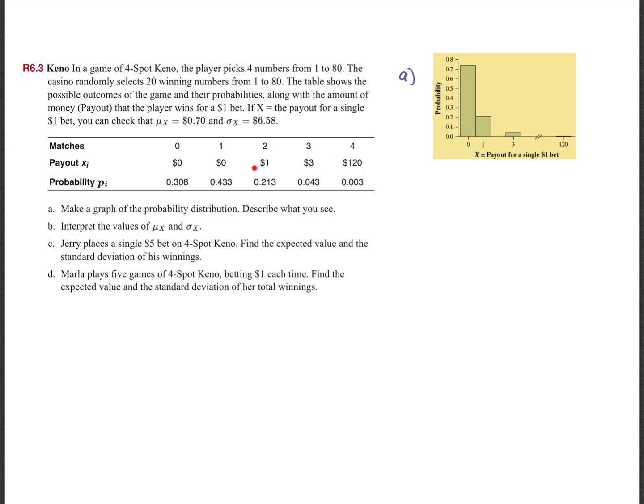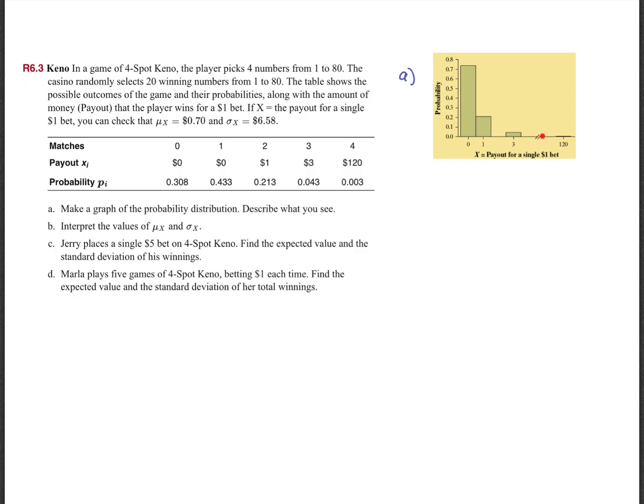Okay, and then the rest of the payouts just had one chance of happening, and so we can make a bar for each of those. And then notice there's 0, 1, there's a little gap for 2, there's not a payout of 2, then they have a payout of 3, and then notice they did this little break in the graph symbol, and this just tells you that there's a break in the graph.